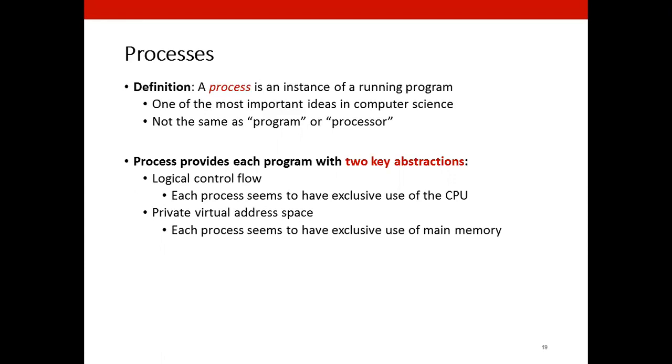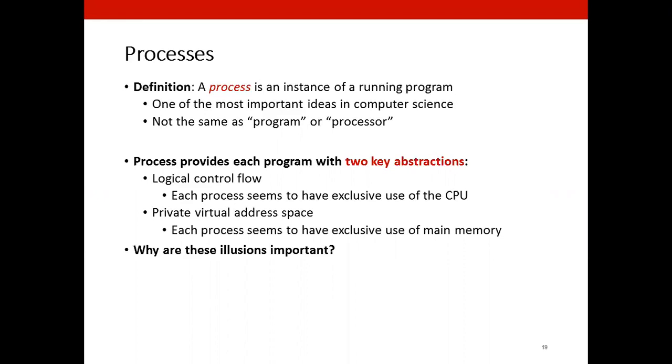The process gives the programs an illusion that it has an exclusive use of the main memory, whereas in reality, these processes are run concurrently. And we will shortly come to what is concurrency. And these processes are sharing all the resources such as the CPU, the RAM, and all other devices, okay?